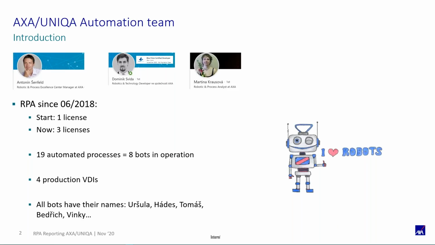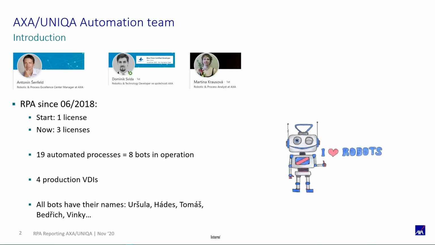During this time, we ramped up the activity from 1 license to 3, currently having 19 automated processes, which represent 8 bots in operation. So one bot can have several versions of the process.